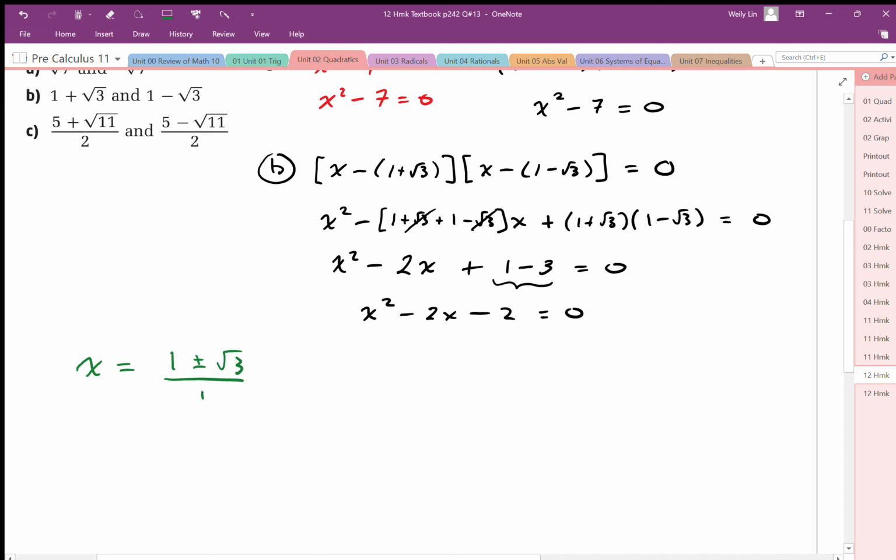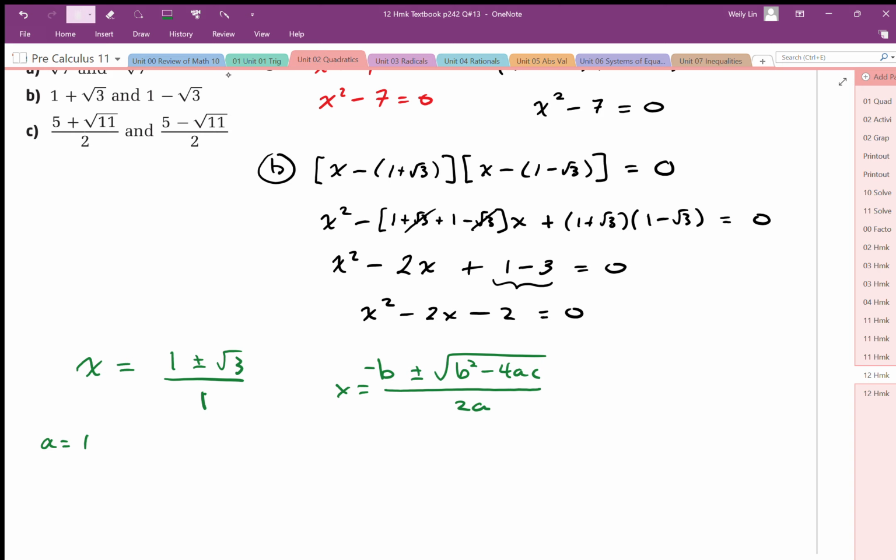Okay, and this is going to be in the negative b plus or minus the square root of b squared minus 4ac over 2a form. So we're going to try to match this up. We're just going to let a equal 1, and if a equals 1, we know that the denominator is equal to 2, so I just need to make sure I get a factor of 2 in the denominator. So I'm going to multiply the bottom by 2 and the top by 2.